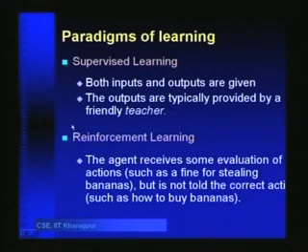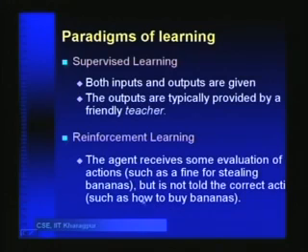The second paradigm of learning is called reinforcement learning. In reinforcement learning, the agent receives some evaluation of its actions, such as a fine for stealing bananas, but it is not told the correct action, such as how to buy bananas.